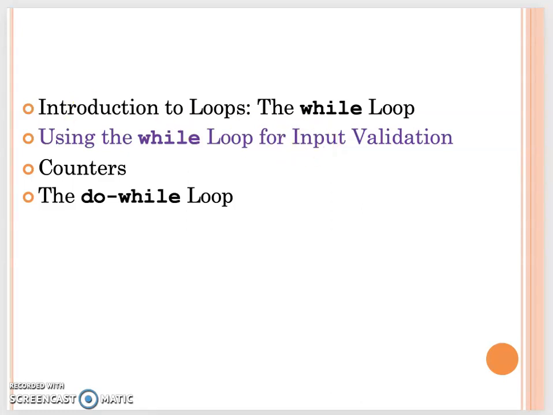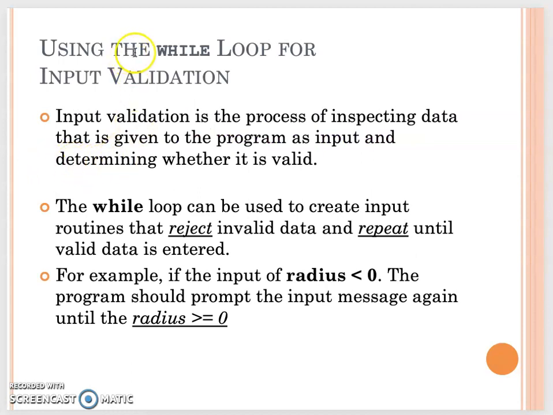But on the other hand, we can also use a while loop to get the user's input until it is correct. So we know input validation is a process of expecting the data given to the program as input to be valid.